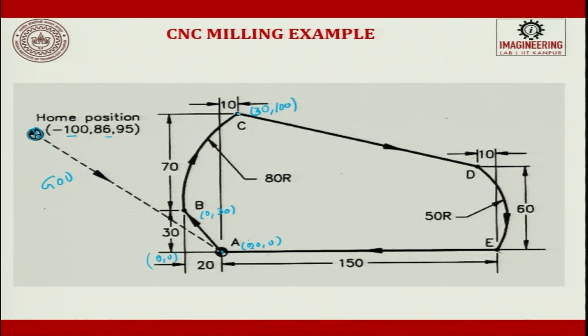This is the point. From here we are going to D. So, D is going to be, this is 150 and from 150 we are going up to here. So, this point E is 150 minus 10, it is going to be on x axis 140 and this is going to be 60. So, comma 60. So, from here we will go here.